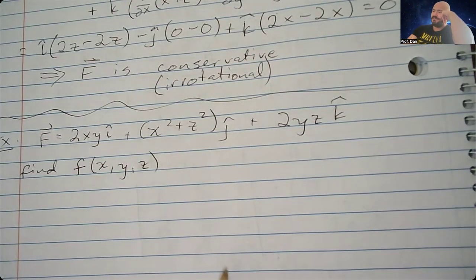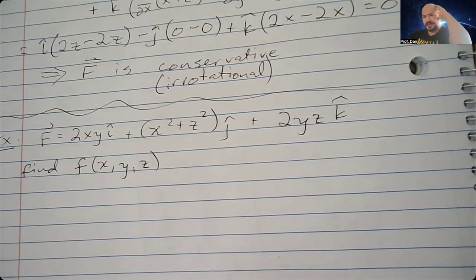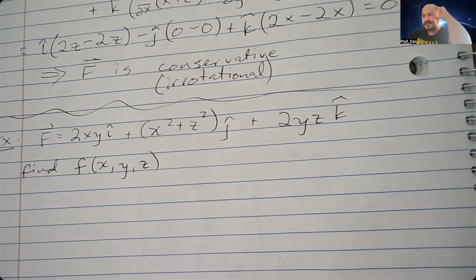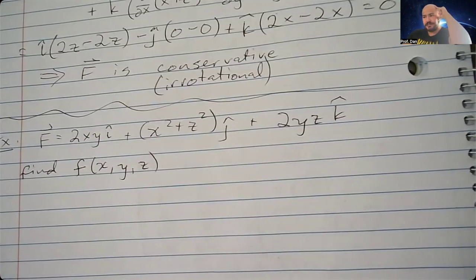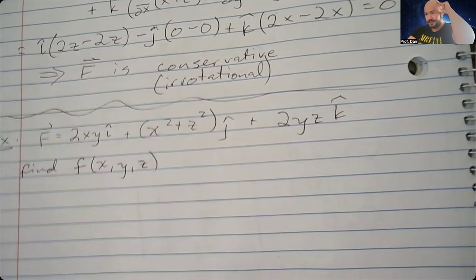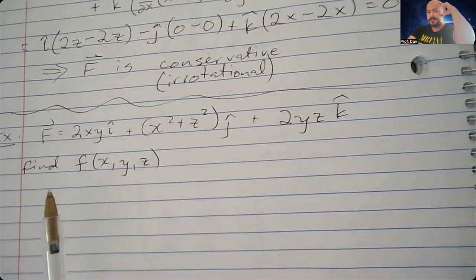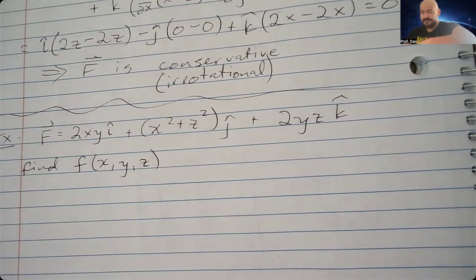So first thing I want to preface this with is just like when we talked about the two-dimensional version, it's important for us to check and make sure that the vector field we want our potential for is actually conservative. Because remember, if it's not conservative, then it doesn't make sense to find a potential function because this wouldn't be the gradient of anything.